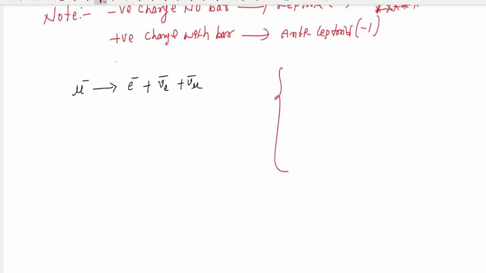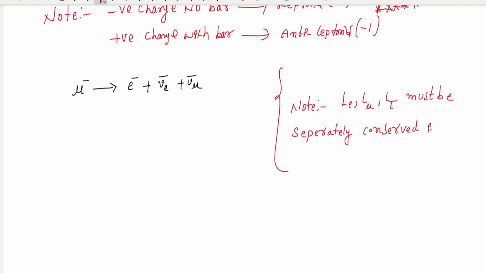In case you follow these blind rules, you can get it wrong. Note here how to check lepton number. One important point: L_e, L_mu, L_tau, in this order, must be separately conserved in any reaction.